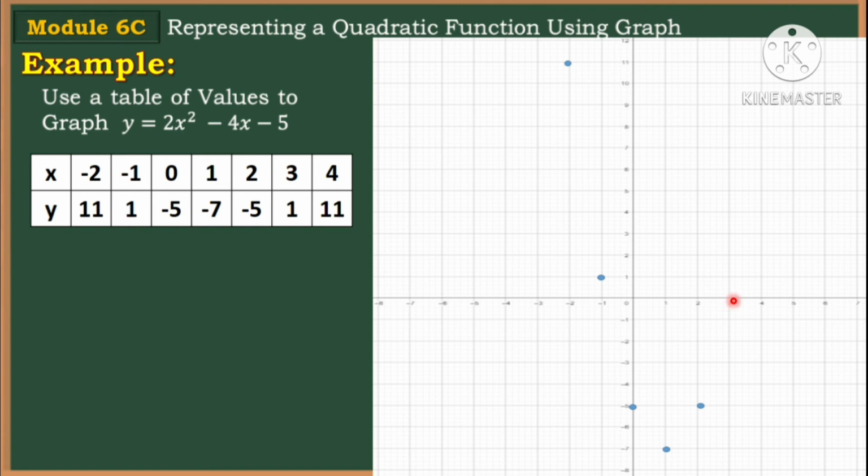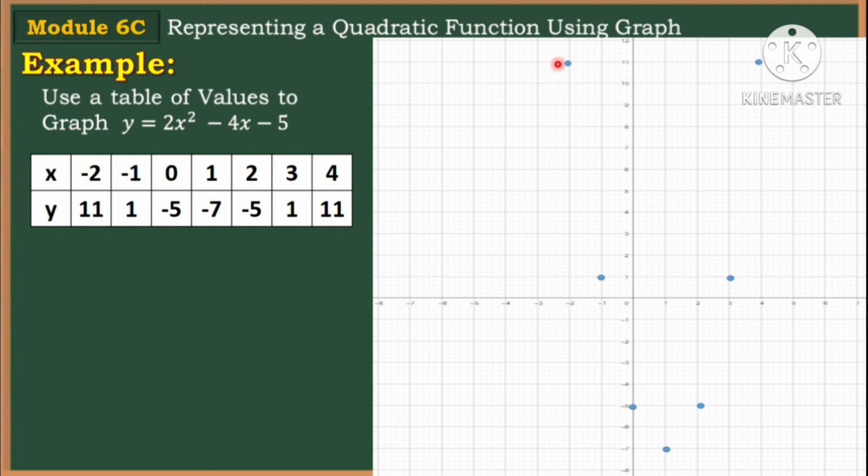So, positive. Y is 1. So, andito. Positive 1. So, ayan. And last, pag ang x ay positive 4, y is positive 11. So, nandito. Okay? So, observe nyo, tapat-tapat lang yan. Okay? Pero hindi naman lahat ay magkakatapat. Iilan lang yung hindi naman magkakatapat.